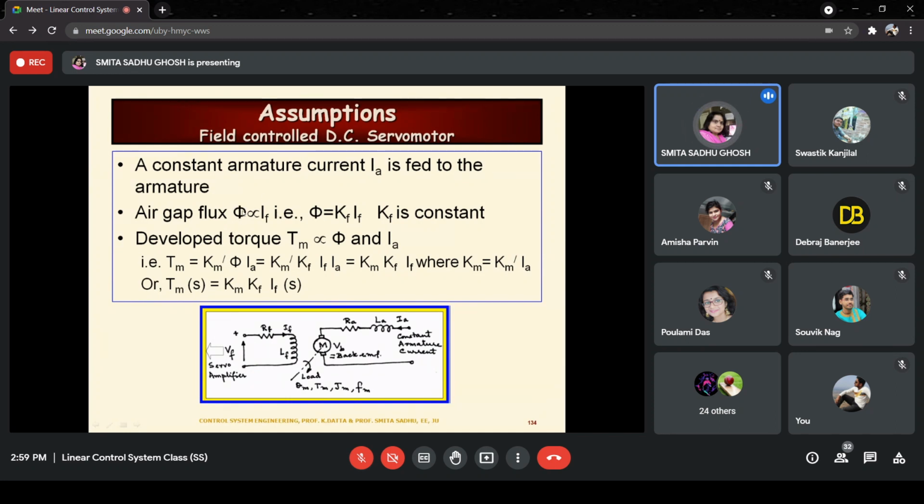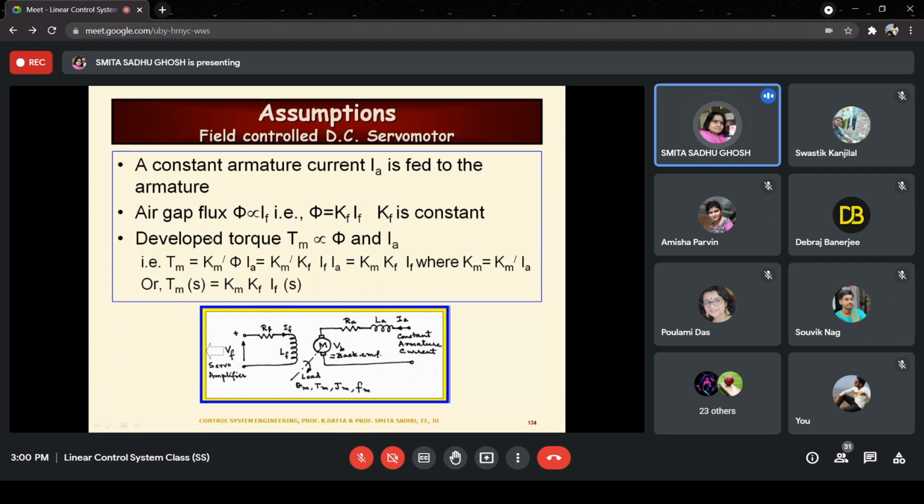So phi is equal to kf If, where kf is a constant having proper units, of course. This is flux per current, whatever be the unit of your flux and current, kf would have appropriate units. So phi is equal to kf If, right?